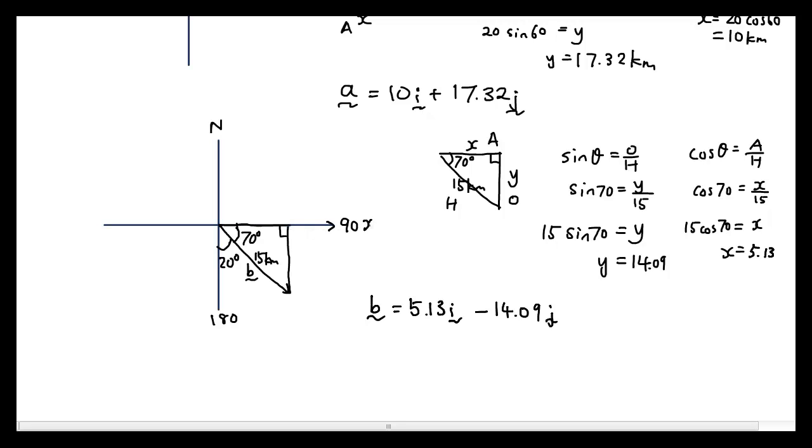So this is the x-axis, this is the y-axis. Right, so if you imagine this is the point at the origin, we move to the right 5.13 units, and then we move downwards 14.09 units. Okay, so this is the bearing, this is the position vector B.